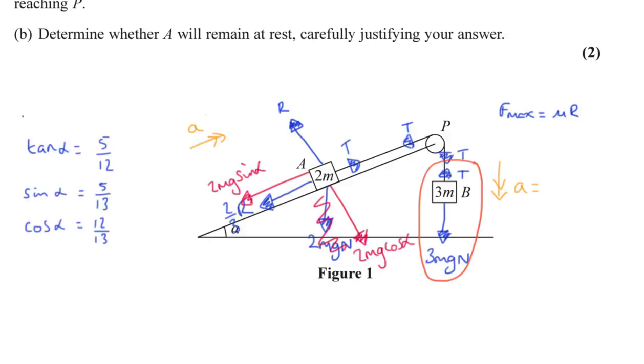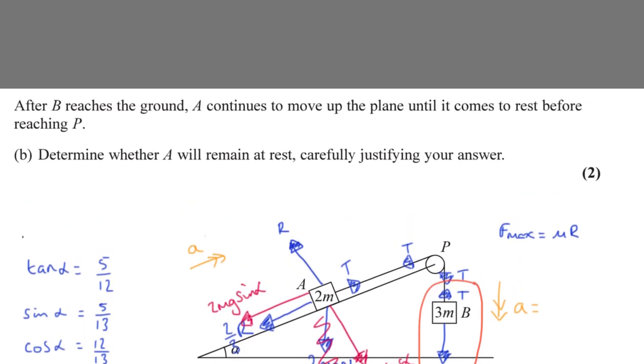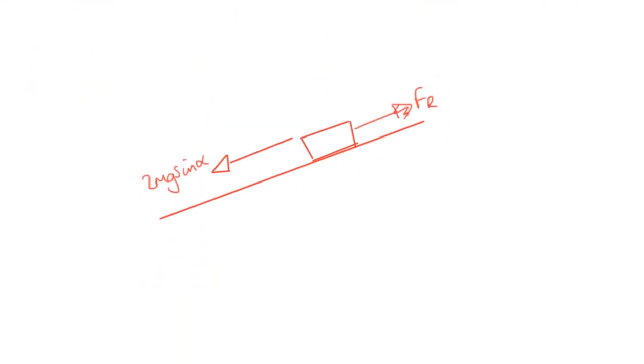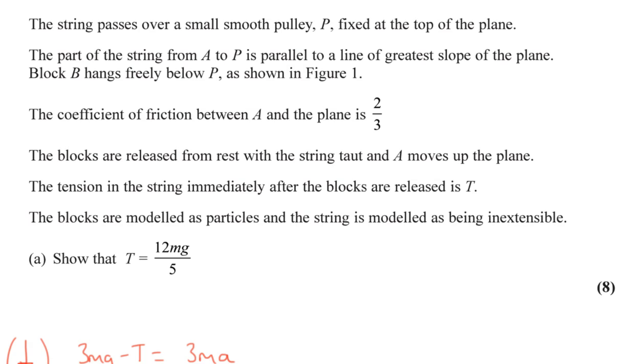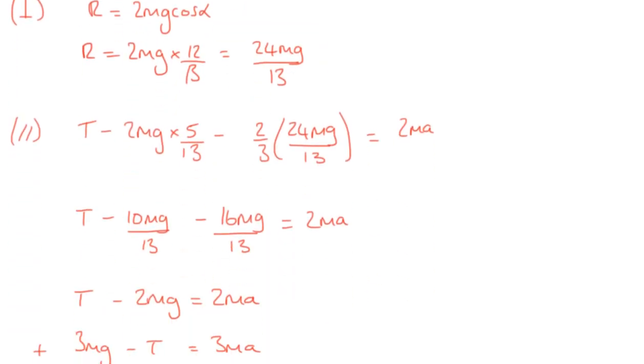And that's what they're asking. They're saying, will it move back down the plane, or will it remain at rest? So it all depends on whether 2mg sin alpha is bigger or smaller than the maximum friction. We know the friction from part A. We found that along the way.